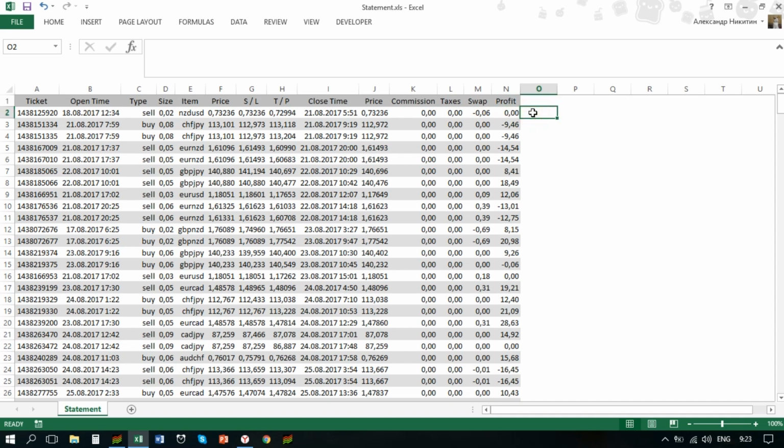The pips are calculated this way: equals if this trade was a buy, if this equals buy, then you take the price of closing position minus the price of open position, and if it's not buy, it was a sell, then you do the price of open minus the price of close. Okay, done. And it will give us the number of pips.